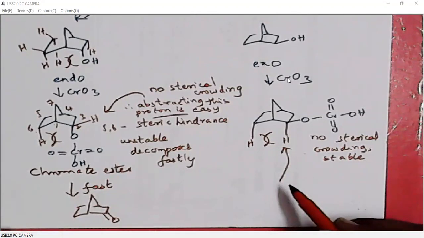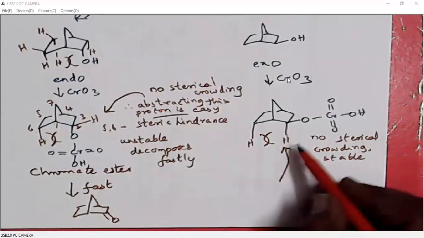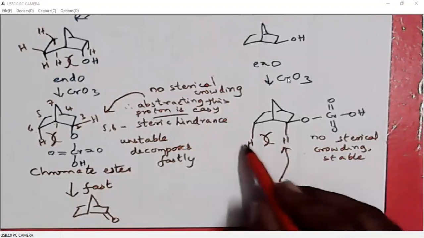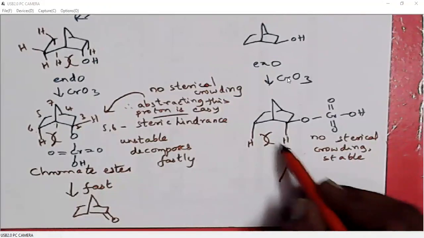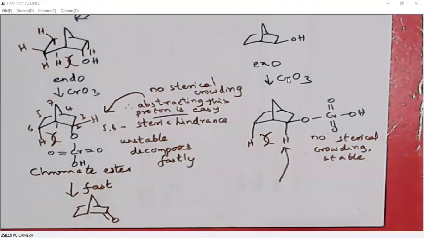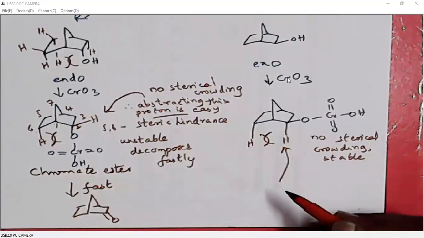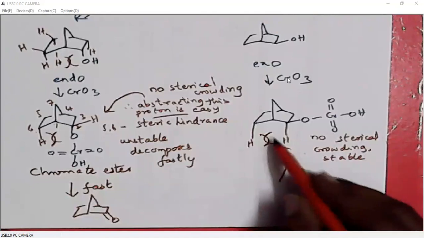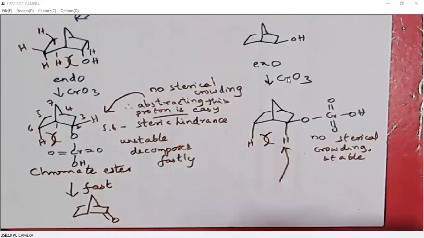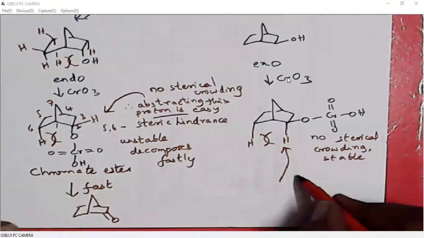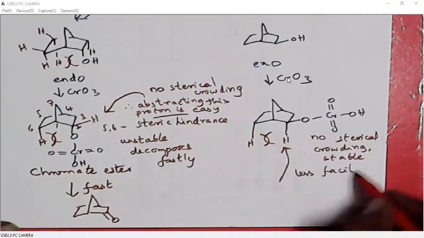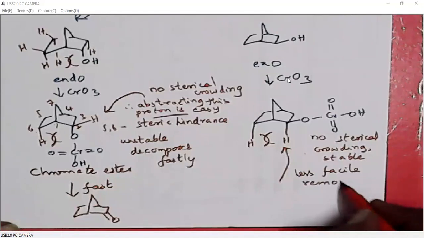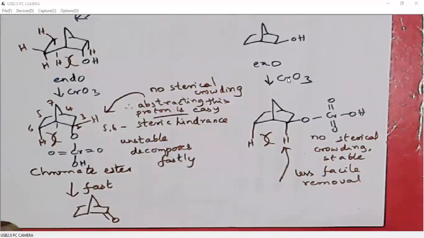A base feels some difficulty removing this proton because there is steric crowding with the hydrogens itself, and even if a base wants to go there, it is difficult to approach. So it is a less facile removal.